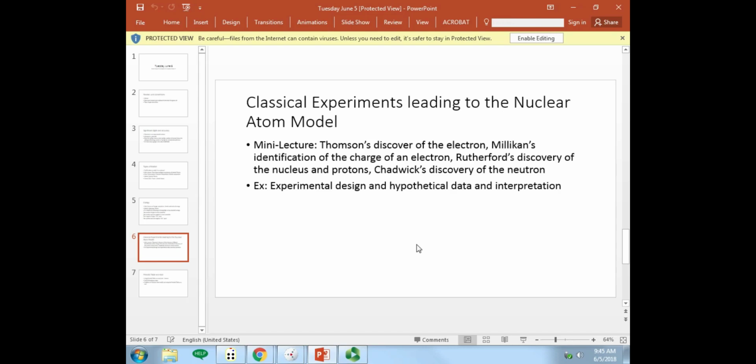They were being repelled. Based on those crazy angles, they concluded that this solid mass must be positive. So results, conclusion. Evidence, conclusion. So based on that, the nucleus is small and positive. So we found the positive piece.